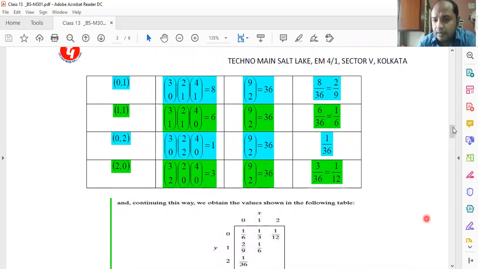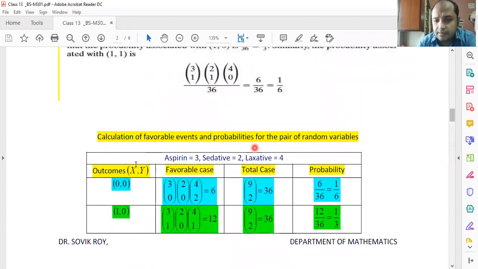Okay, fine. What about the favorable case? Now see how many aspirins are there. 3 aspirins are there, 2 sedatives are there, and 4 laxatives are there. So for the pair 0, 0, which actually defines that no aspirin and no sedative has been chosen, the favorable number of cases will be 3C0, 2C0, and 4C2.